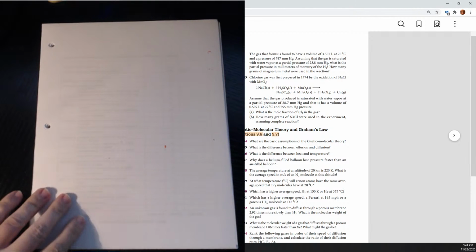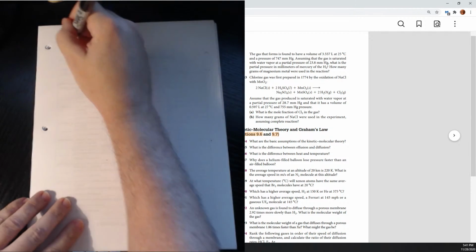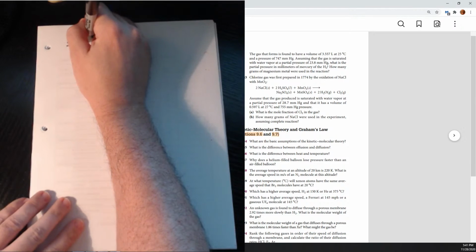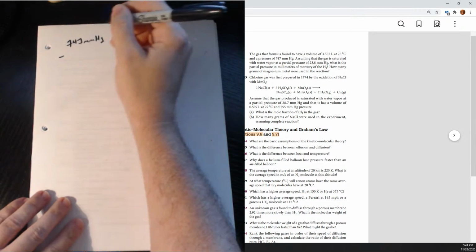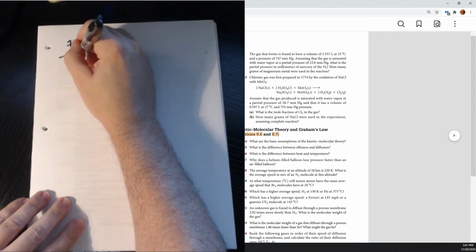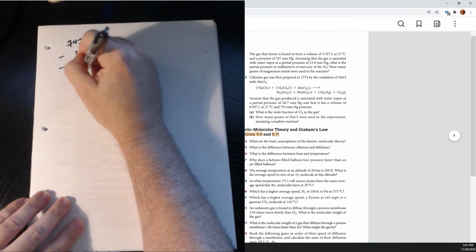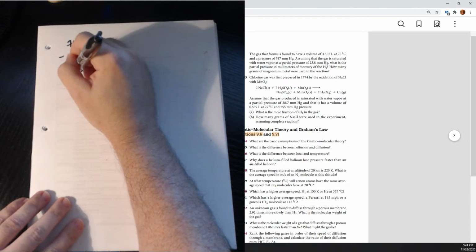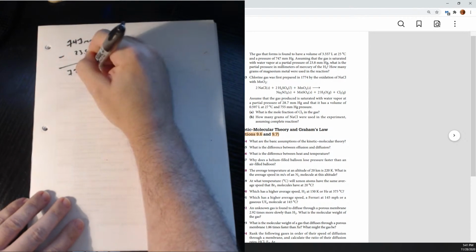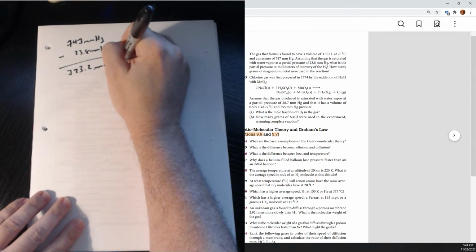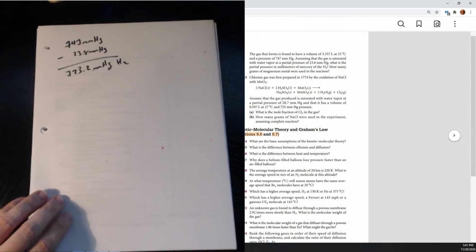So, the partial pressure of the hydrogen is going to be 747 millimeters of mercury minus the water, which was 23.8 millimeters of mercury. So the pressure of the hydrogen is 723.2.